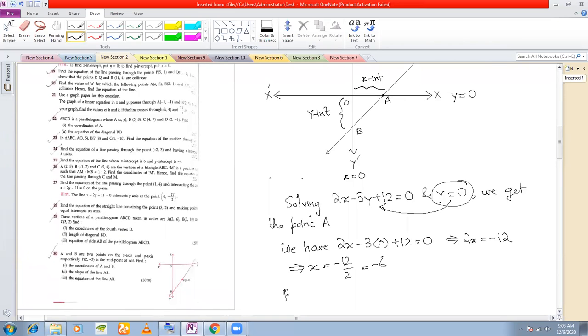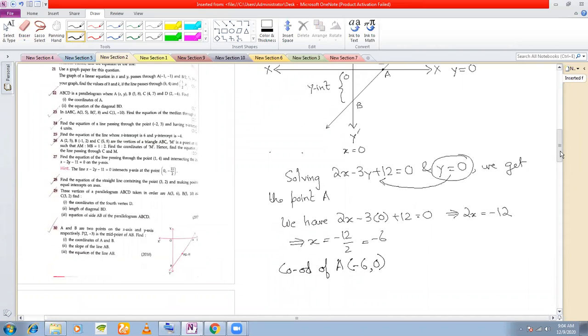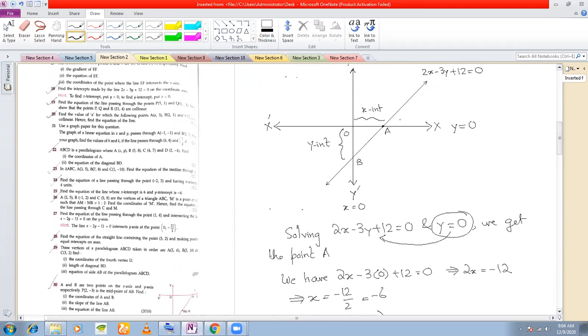So the coordinates of A are minus 6 comma 0.